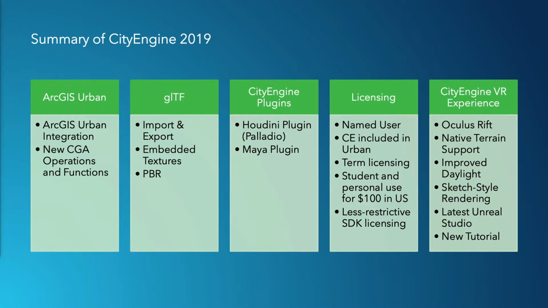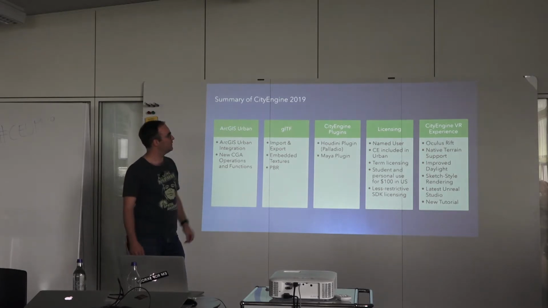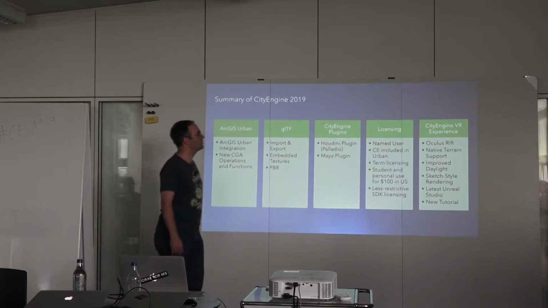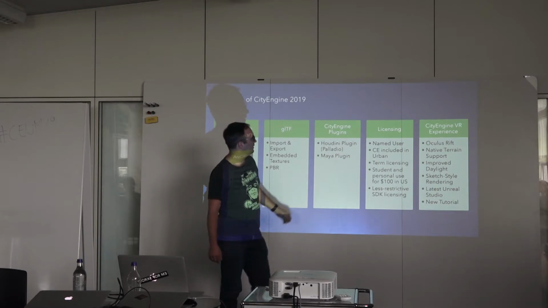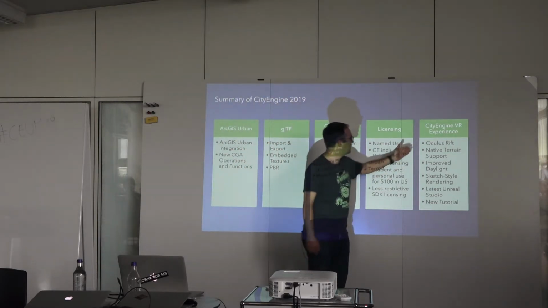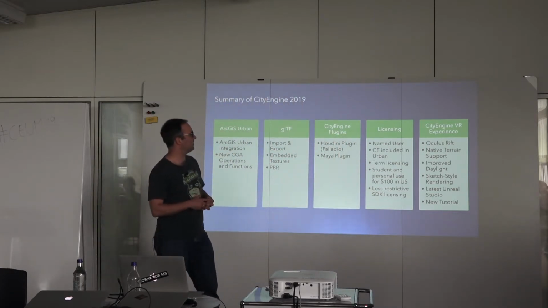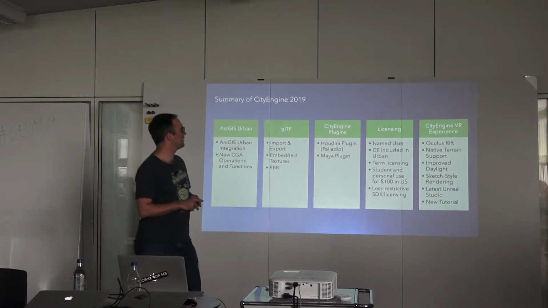We changed the licensing. We also added a named user license, so you don't need to deal with node-locked or license server anymore. You can use your ArcGIS Online accounts as well. And we made all these changes to the VR experience, terrain export, and Oculus Rift, for example.